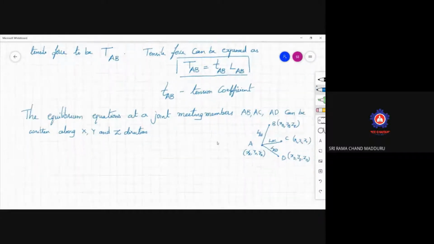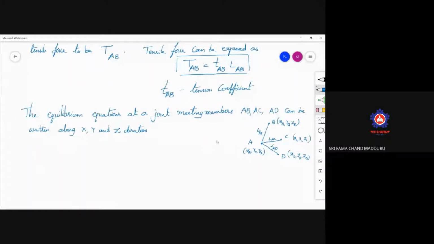Just understand here, by writing the equilibrium equations, this is nothing but XB minus XA into TBA.